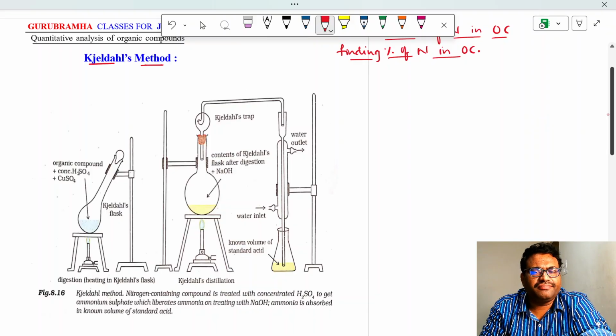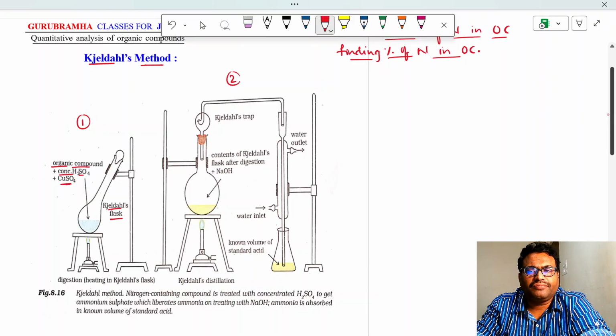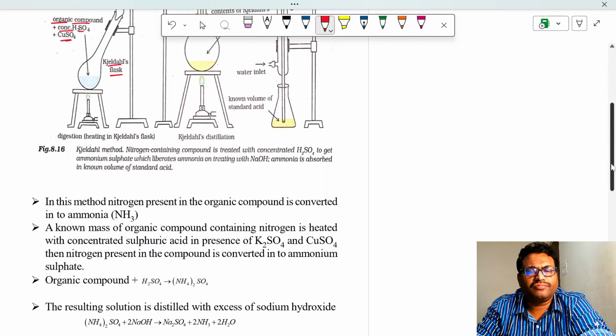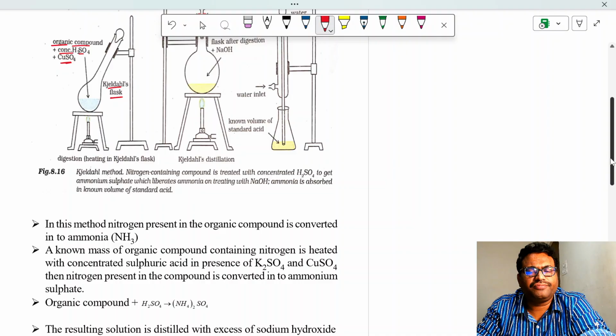First, what is done? This is the first step, and this will be the second step that follows. In the first step, we have taken a Kjeldahl flask. Into this Kjeldahl flask, what is taken? Organic compound, with concentrated H2SO4 and K2SO4 also taken.